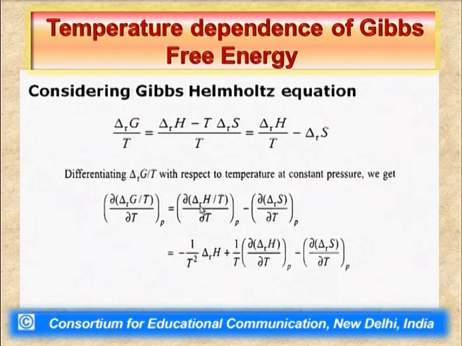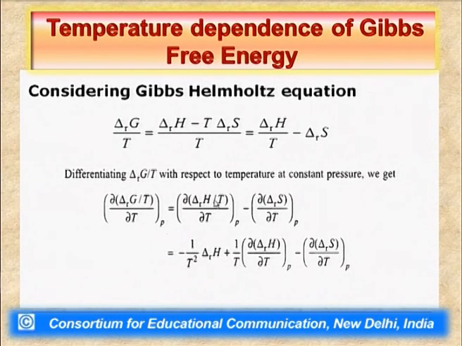Since in the first term the differentiation is of delta RH by T, we can split it as a product of two functions. Delta RH also is a function of temperature, and temperature is of course a variable. So, we can consider 1 by T as one function, delta RH the other function.